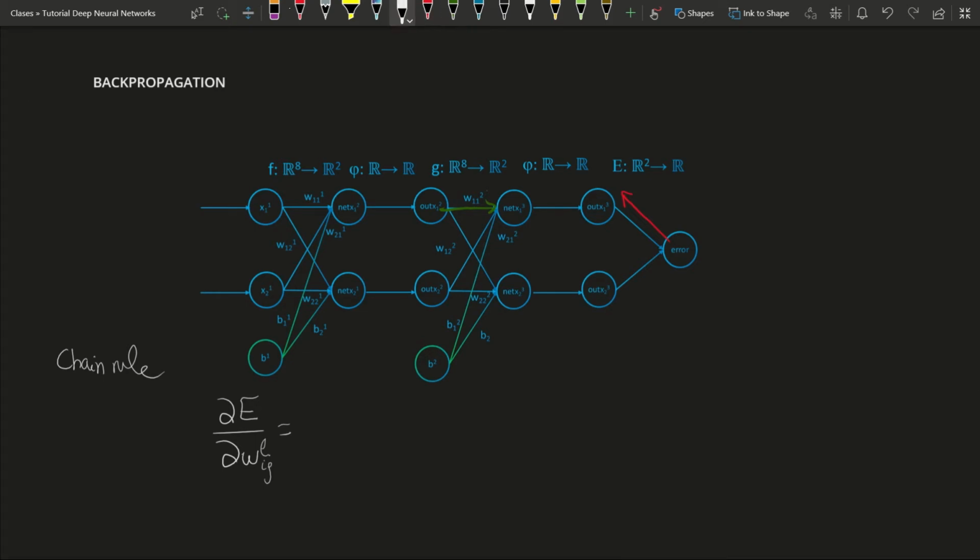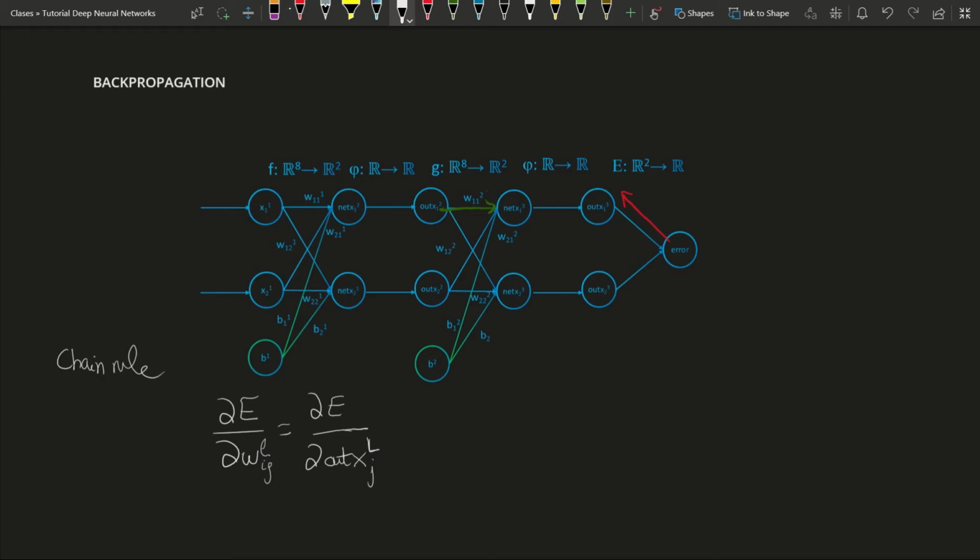So if we put it in a general form, it is the derivative of the error with respect to the out of a neuron i, g in this case, because it's the final value, in the last layer.